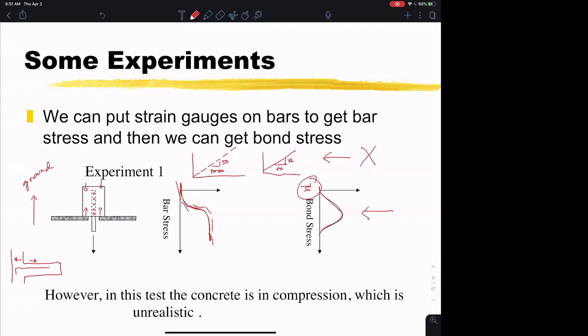And this actually gives unrealistically high bond stress, because when you pull on that bar, you compress the concrete and the concrete tightens on the bar. So if you've ever done those games where there's this tube, you put your fingers in there and then you pull on it and your fingers get stuck, it's similar to that.